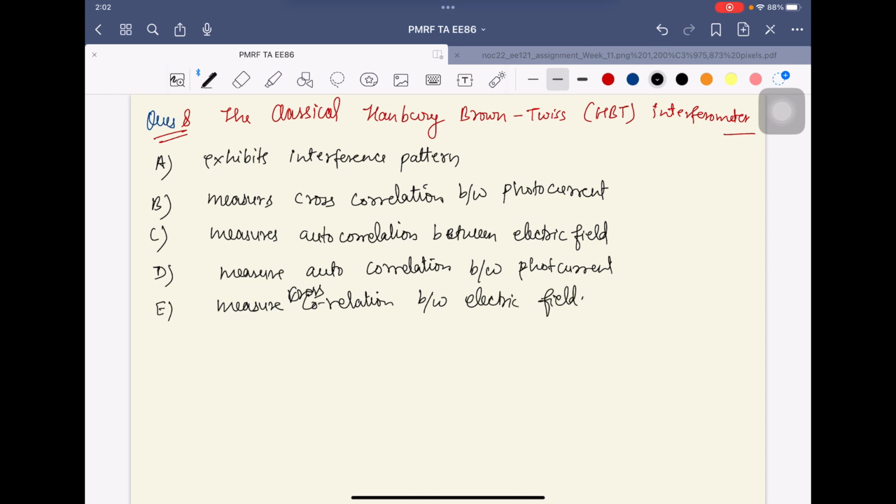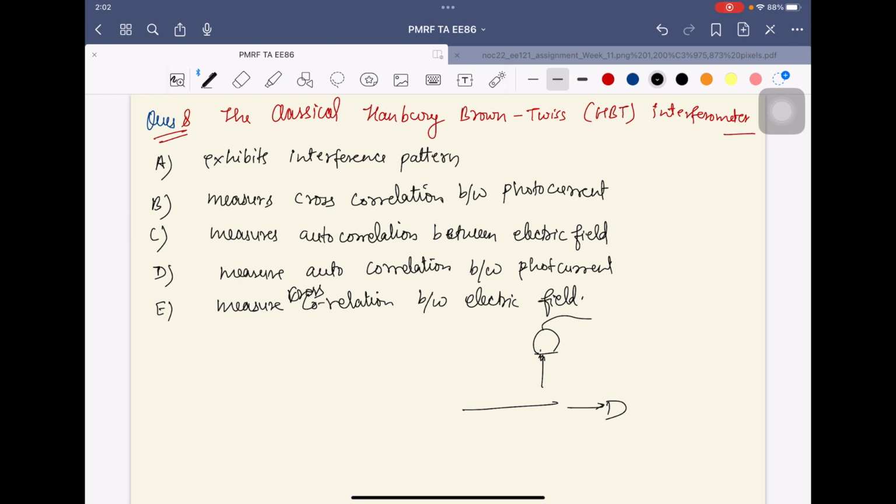So as sir already discussed in the class, in this HBT there is one detector in this way and one detector in this way. So whatever photon comes on this one, we use simply photodetectors. Photodetectors generate the photocurrent.